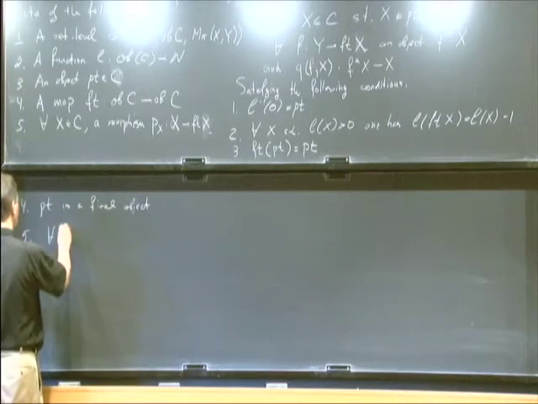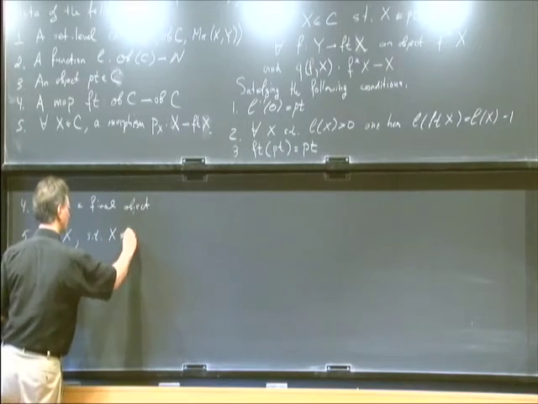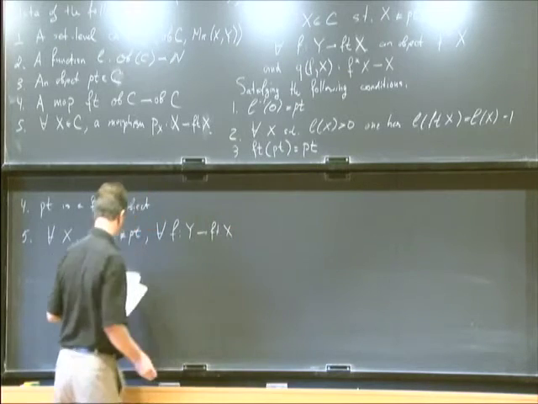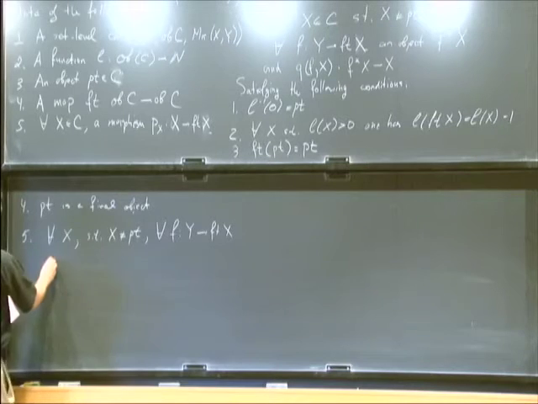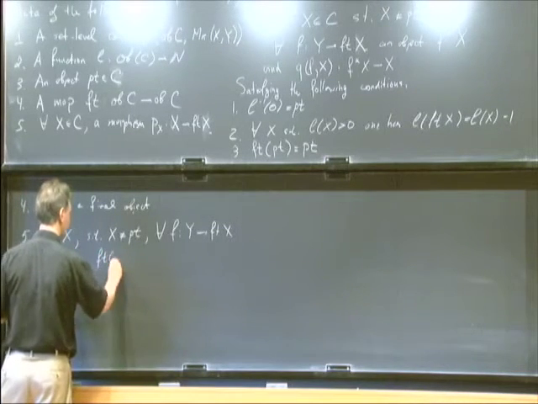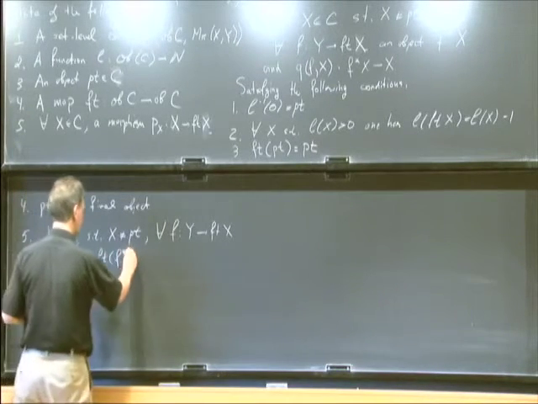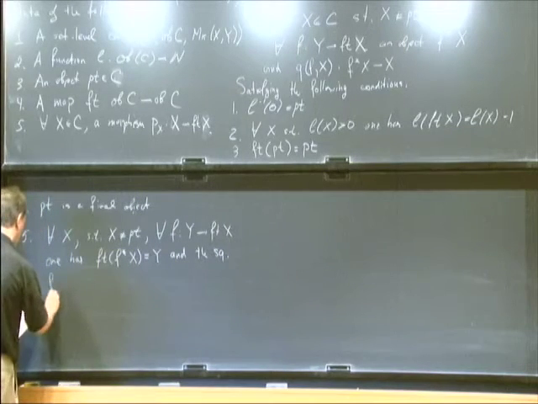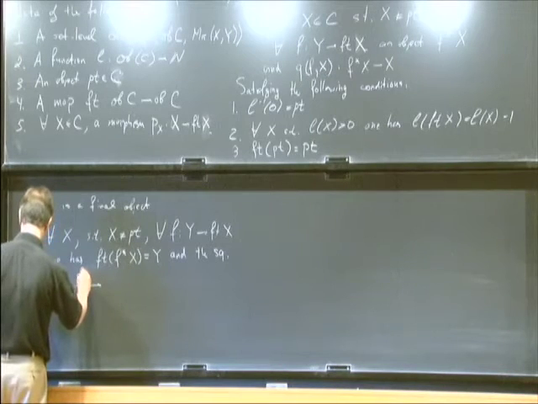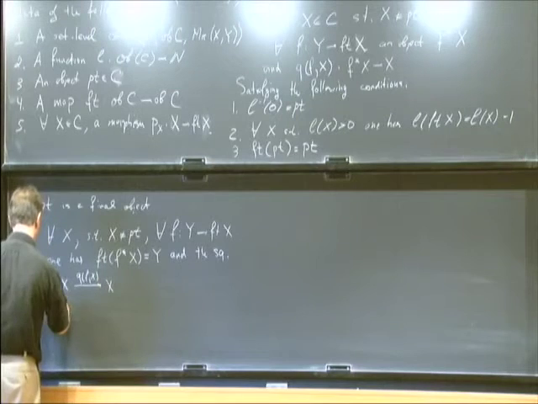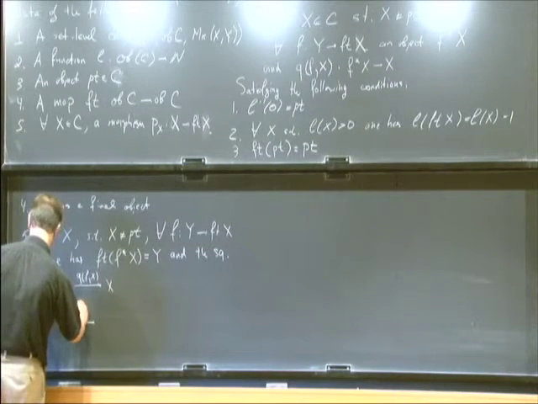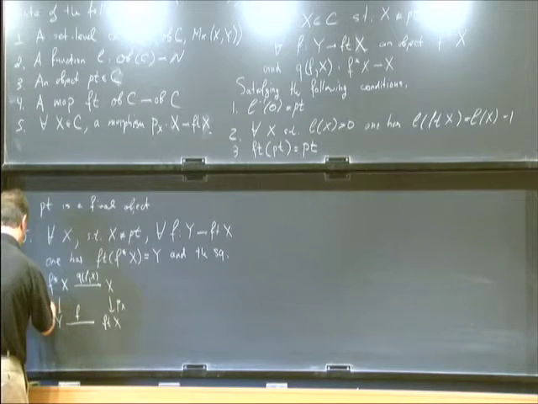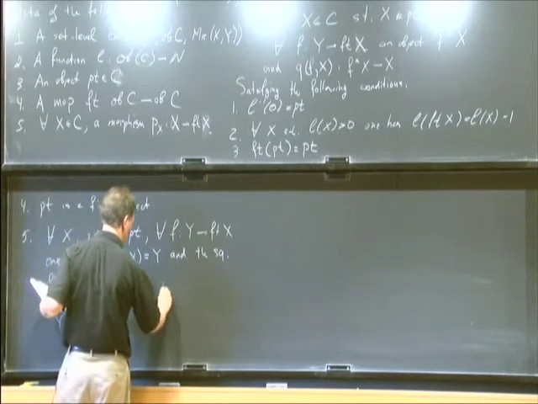Now 5, for every X such that X is not equal to the point, and every f from Y to the father of X, one has father of f upper star of X equals Y, and the square with f upper star of X, Q f X, X, Y, f, FT X, P X, P of f upper star of X is Cartesian, or is a pullback square.